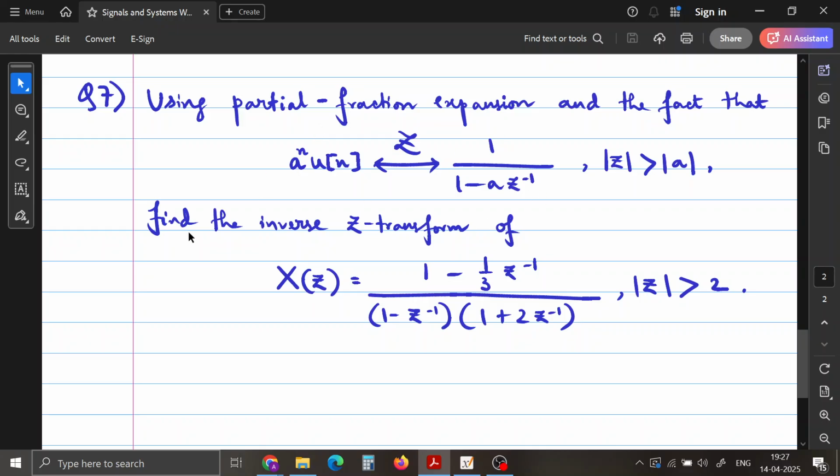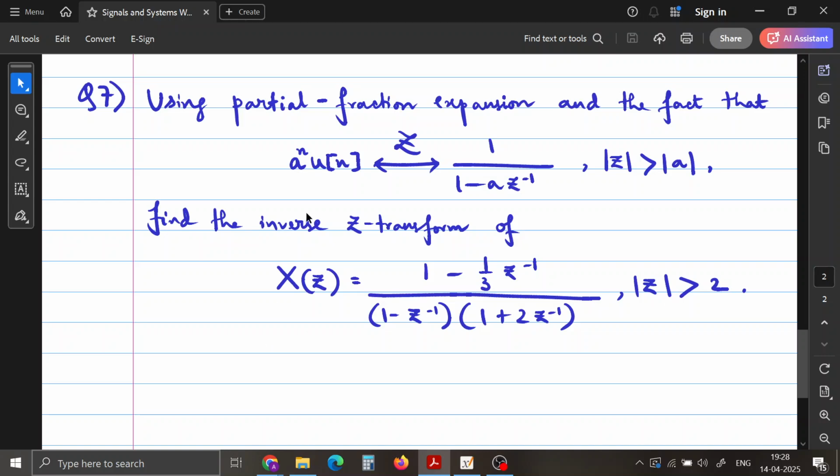In fact, we have seen this result in case of the DTFT, or let's say the Laplace transform and so on, but this result is now given in the Z domain. Using this result we have to determine the inverse Z transform of capital X of Z, which is given in this form, and the ROC is also given, which is mod Z greater than 2.